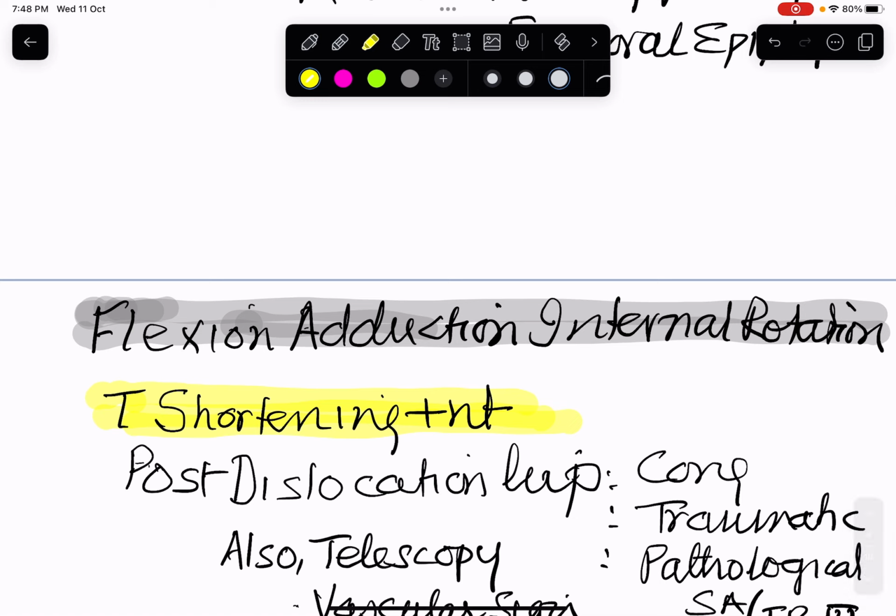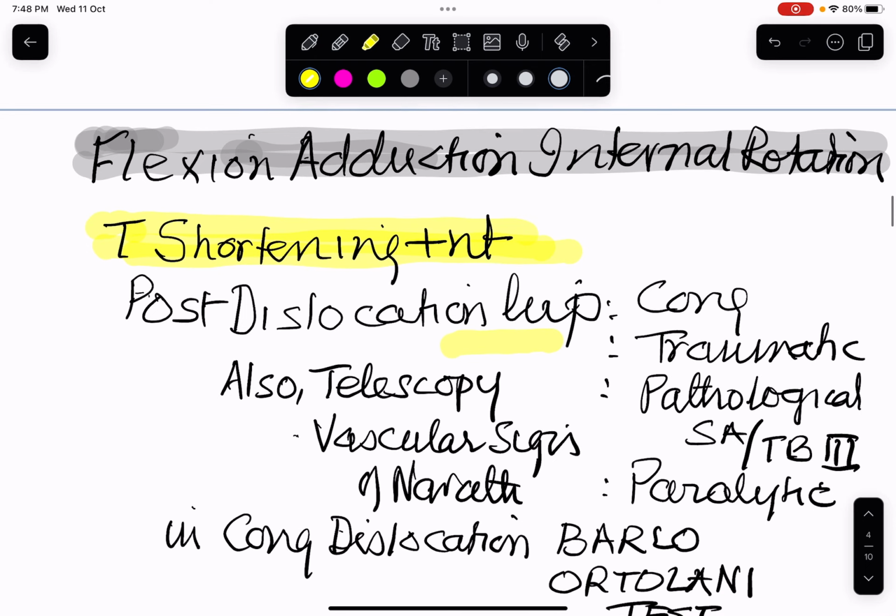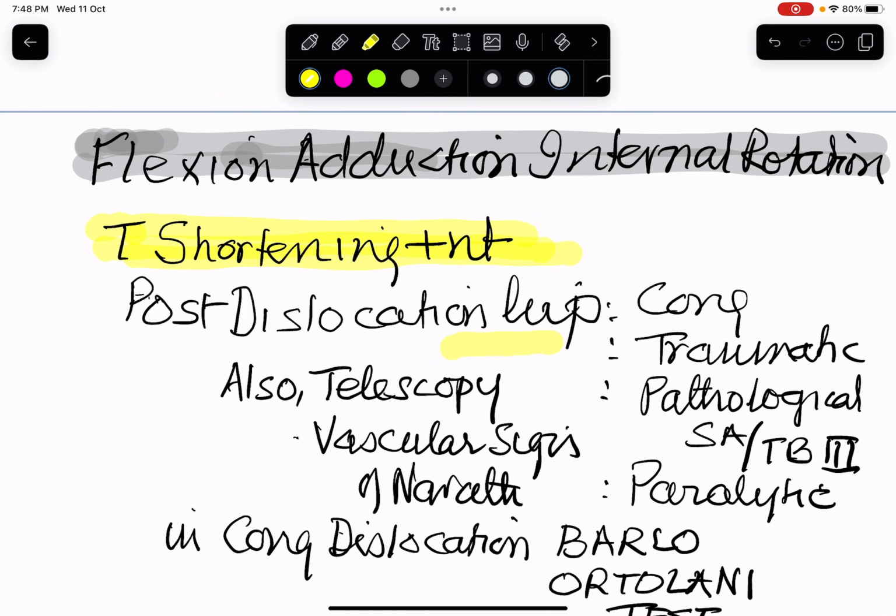Now we come to the flexion, adduction, internal rotation problem. If shortening is present, then the diagnosis is straight away posterior dislocation of hip, which can be congenital, traumatic, pathological, or paralytic.